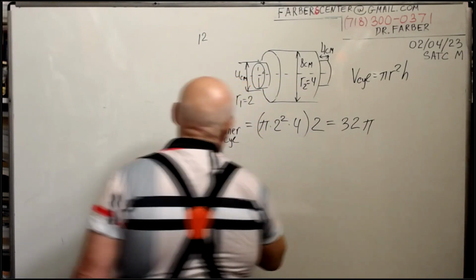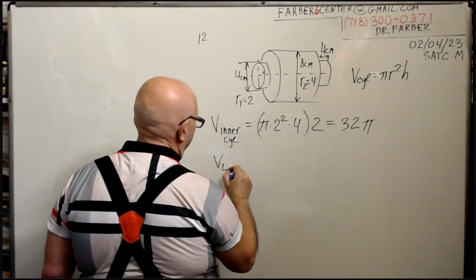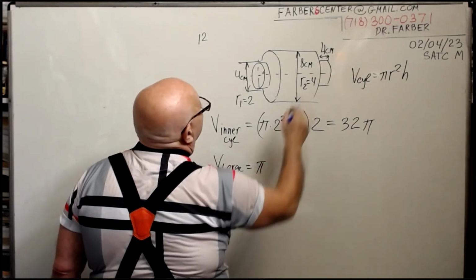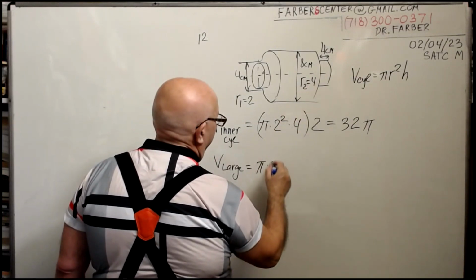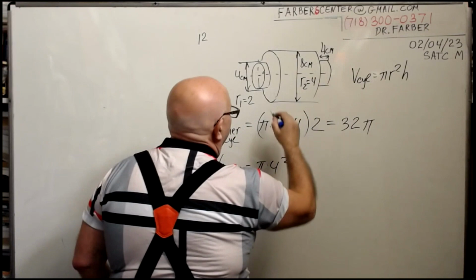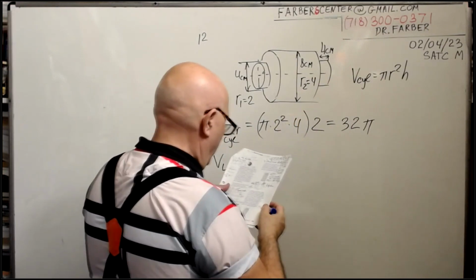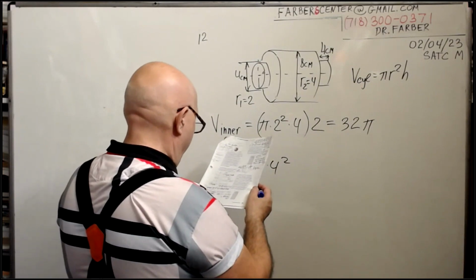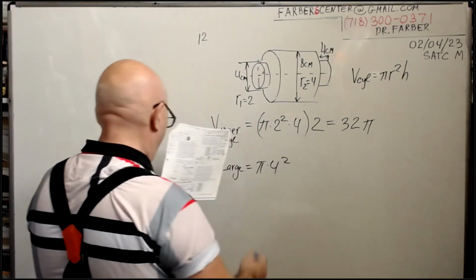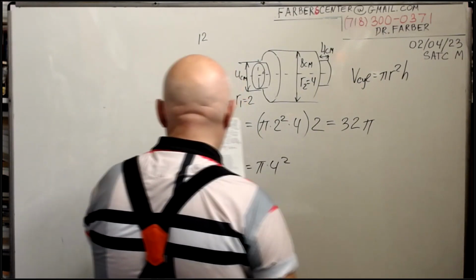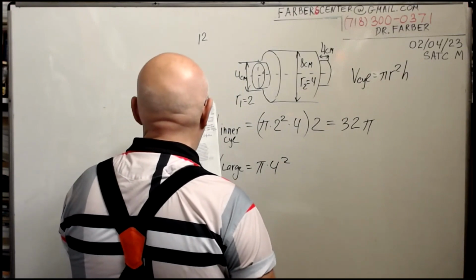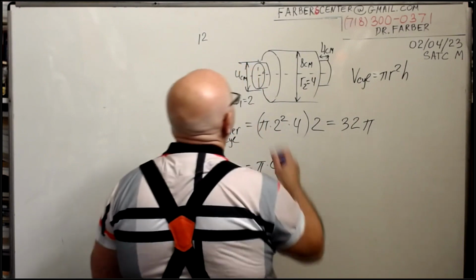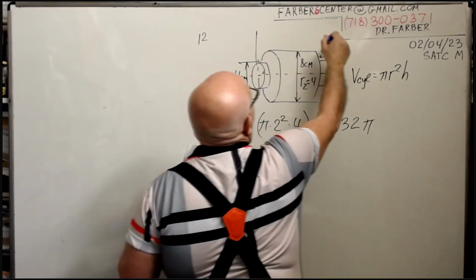Now, how to find the large volume? Pi times 4 to the second. Did they provide this length? Yeah, this length equals 14.